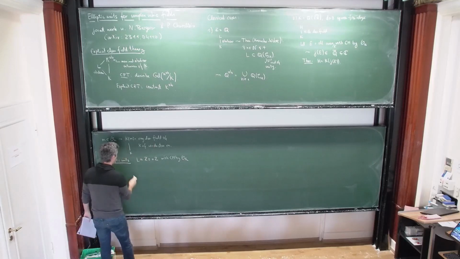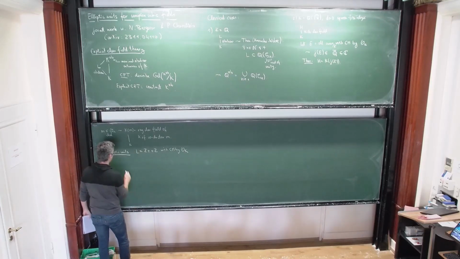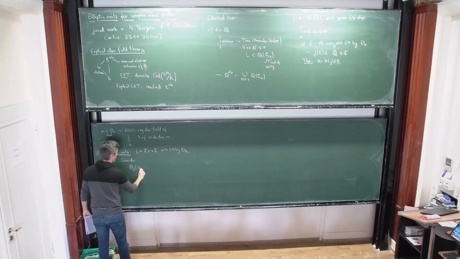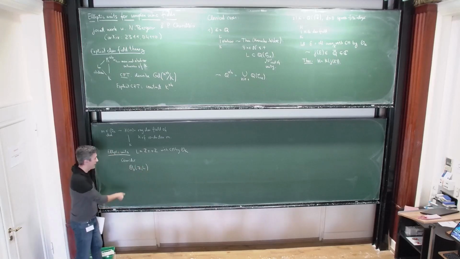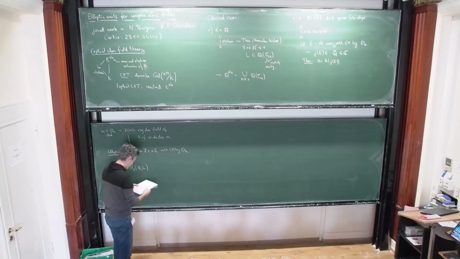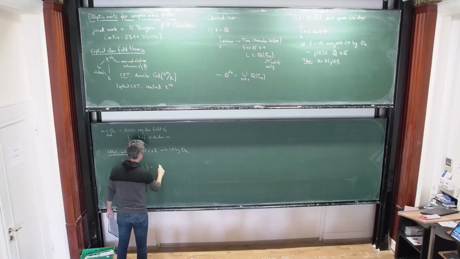And I'm going to consider the following theta function. So I know theta_0, which depends on a complex number z and on the lattice L, and which is explicitly defined by this infinite product.